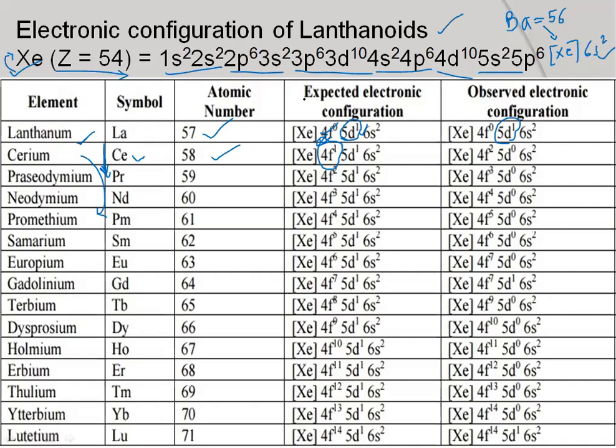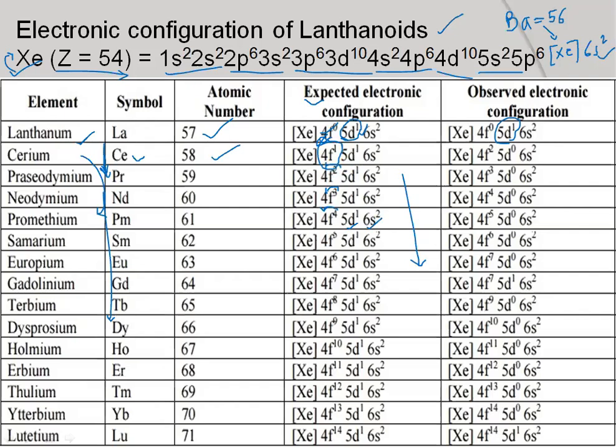So the expected electronic configuration in the 4f series goes like this. Progressively, one electron is added in the 4f subshell. 5d1 6s2 is already there, and we are adding one electron to the 4f orbital.